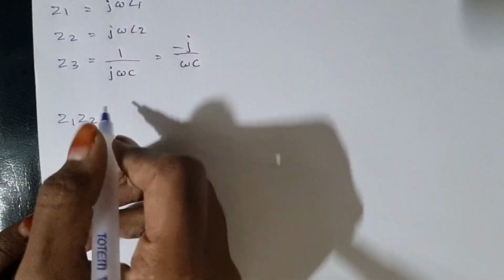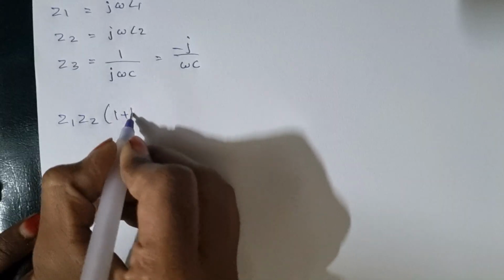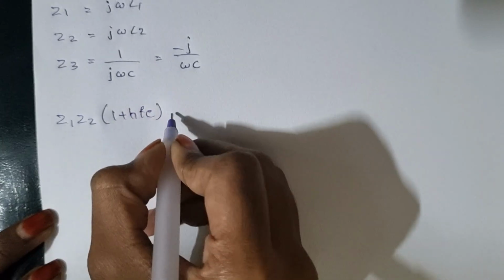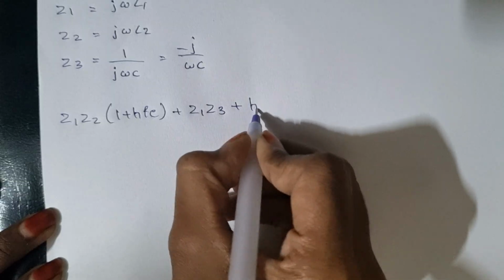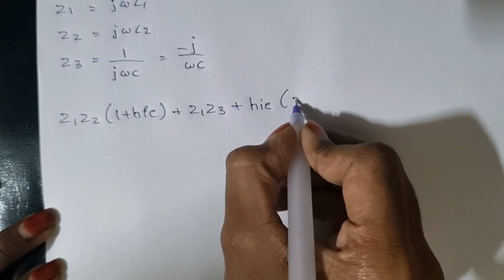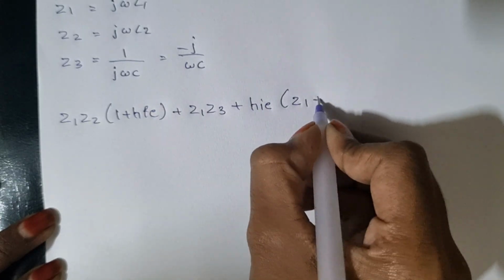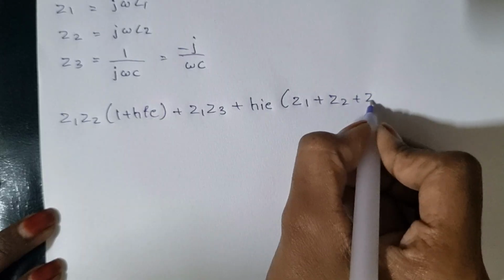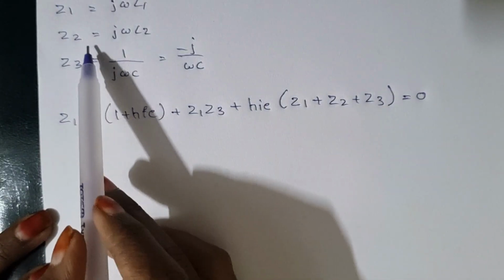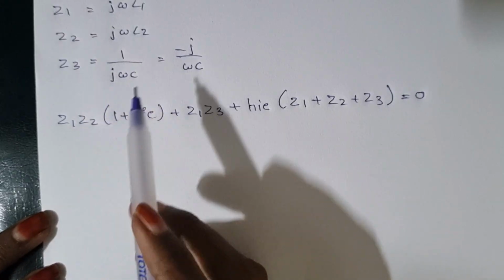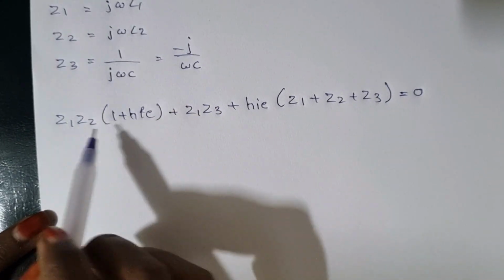Z1 Z2 of (1 plus HFE) plus Z1 Z3 plus HIE of (Z1 plus Z2 plus Z3) equals 0. Now we substitute these three terms in this equation.